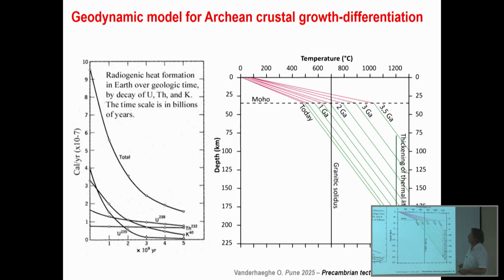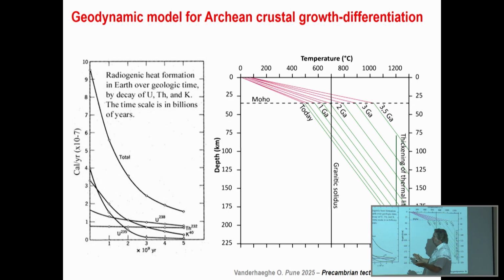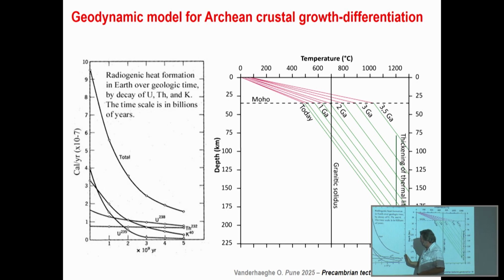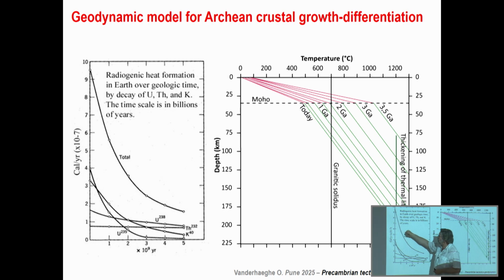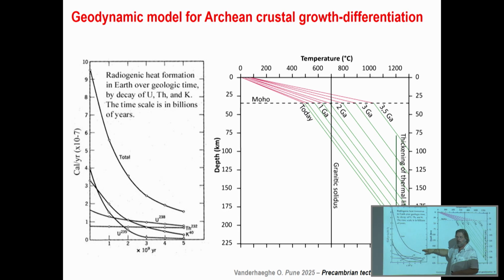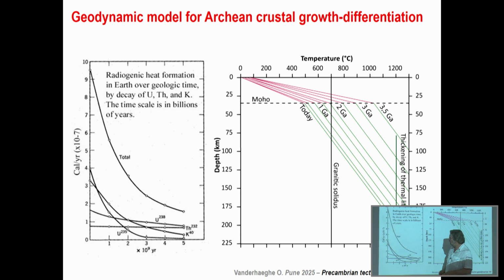And this is considering only the role of radiogenic decay and the concentration of heat producing elements, which goes from very high in the past and decreased through Earth history. You see the total heat production, and the heat production related to U-235, U-238, thorium-232, and potassium-40.